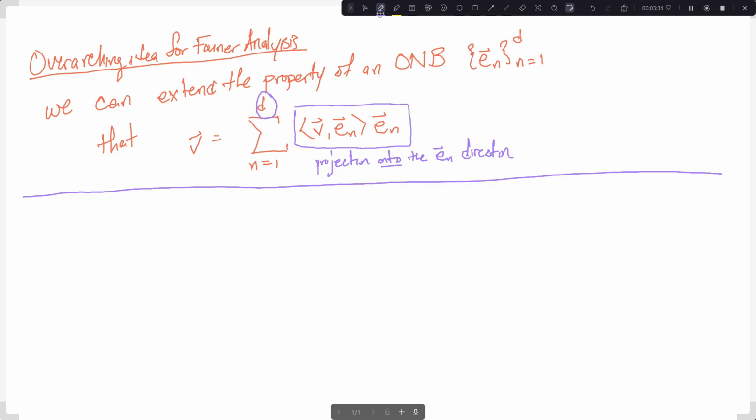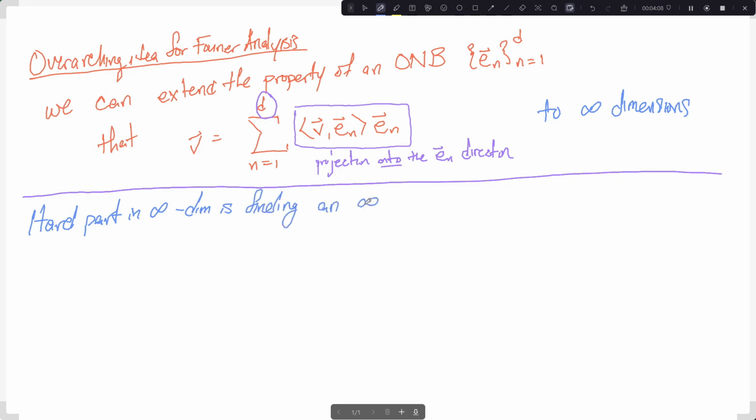Now what's really cool is that this property is not unique to finite dimensions. It extends to infinite dimensions. In fact, the troubling thing is not this property in infinite dimensions. The hard part in infinite dimensions is finding an infinite orthonormal basis, right?